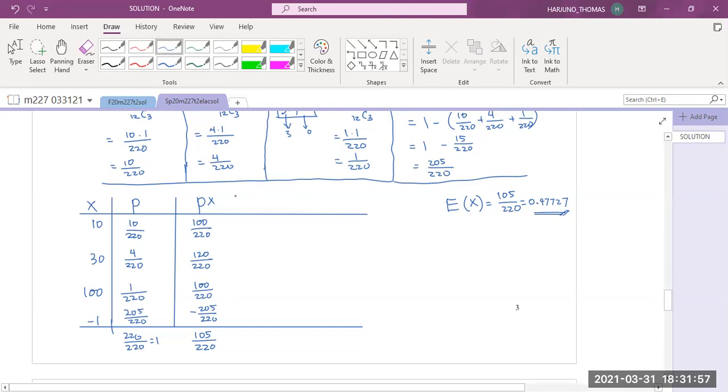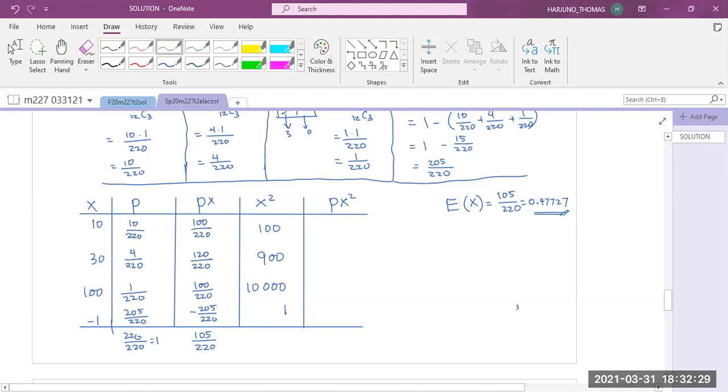Now we need to find the standard deviation. So we need to find the variance. So I need to do the second extension. It's x squared, times p(x). So x is 10, squared it becomes 100. 30 squared becomes 900. 100 squared becomes 10,000.